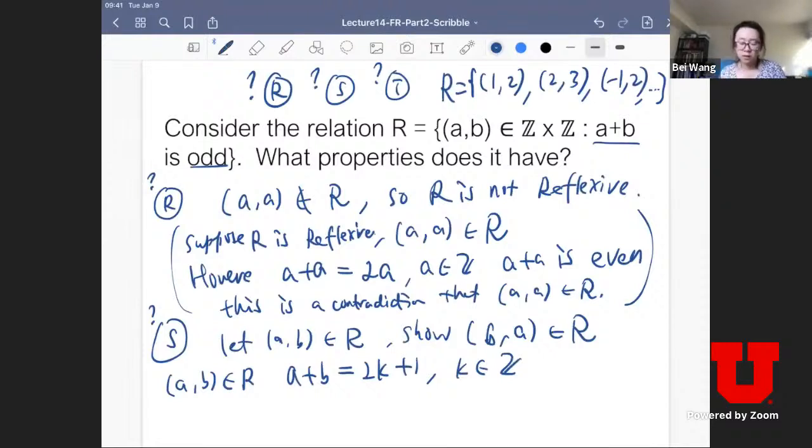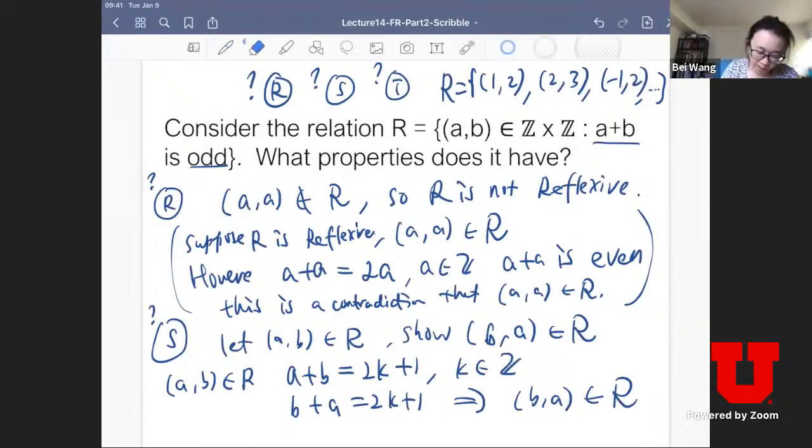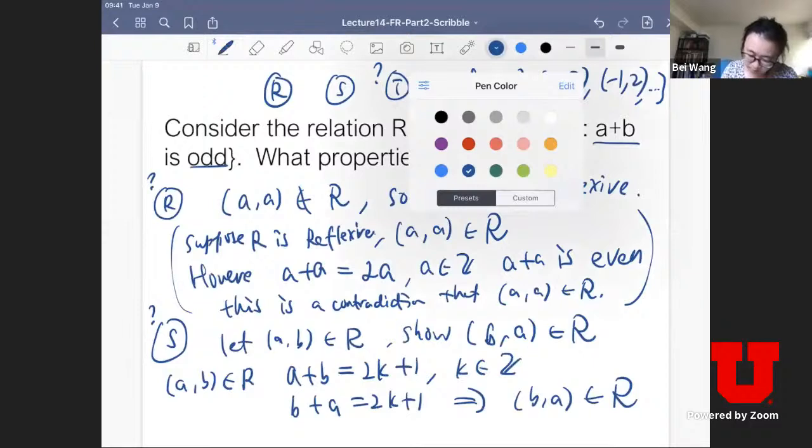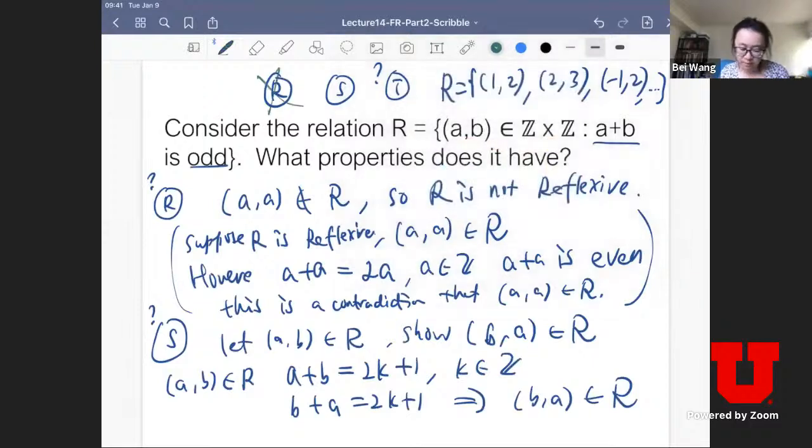By just swapping A and B, B plus A is also equal to 2k plus 1, where k is an integer. So this implies that B plus A is an odd number. That means (B, A) is in this relation. So far what we have is that it is not reflexive, but it is symmetric.